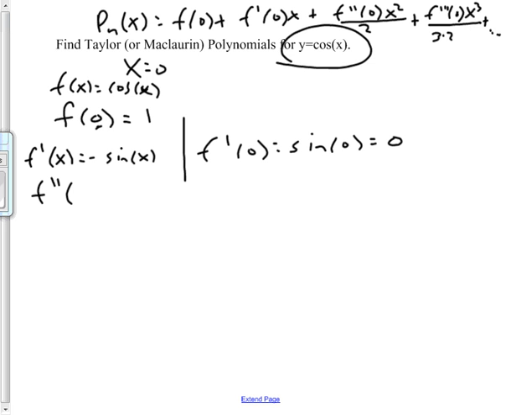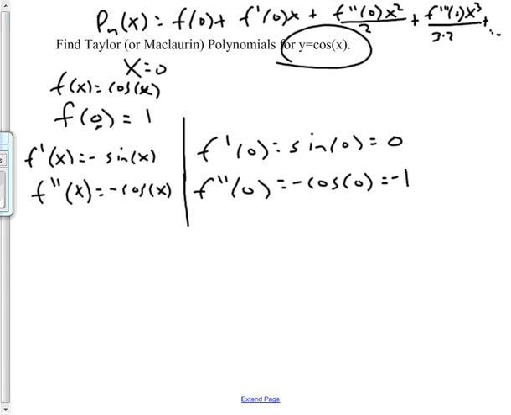And I think it's a good idea to get all the derivatives first before you start doing any of the work, so that you can depend on them. So f double prime of 0 equals negative cos of 0 equals -1.